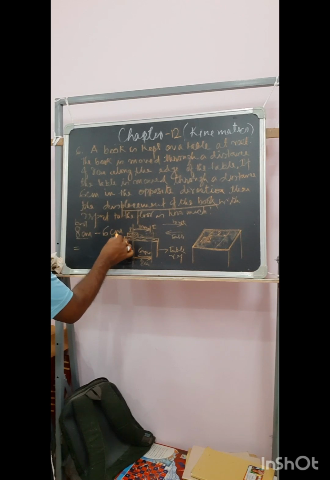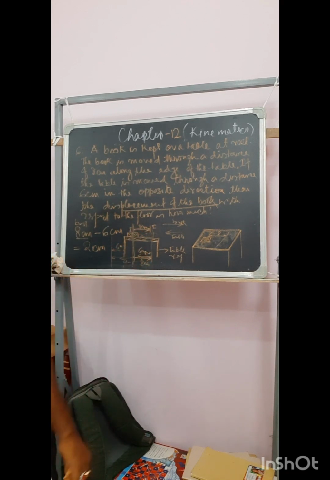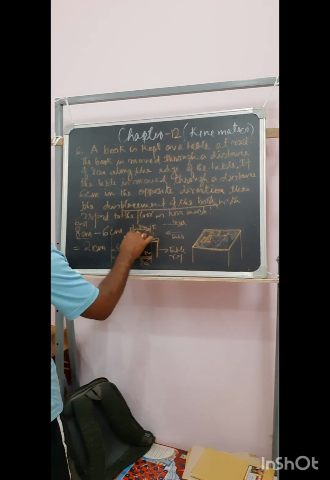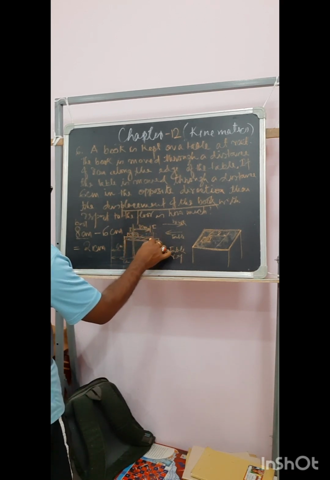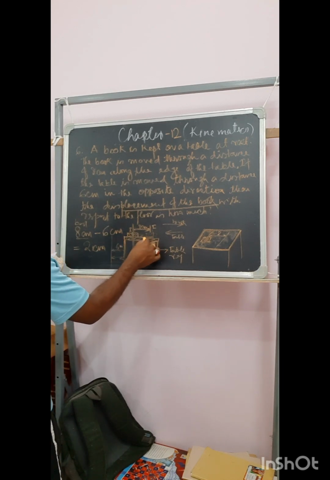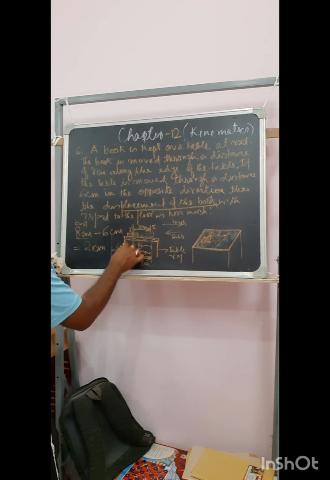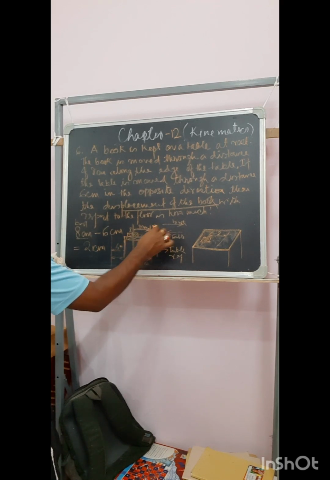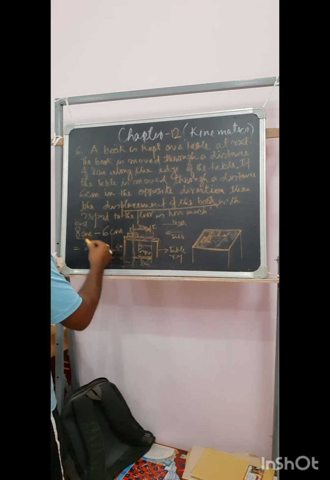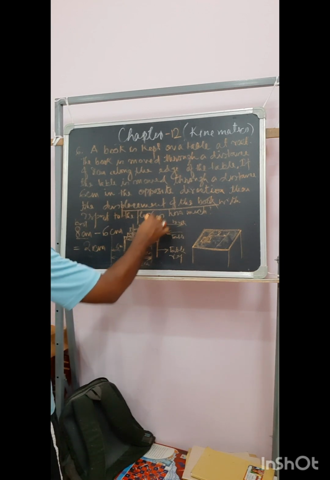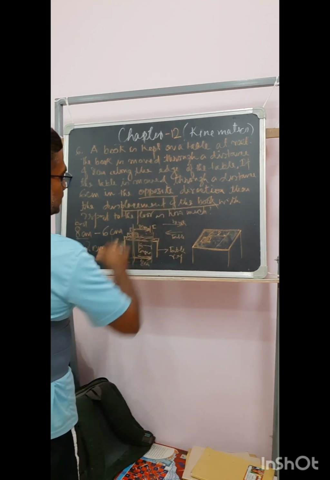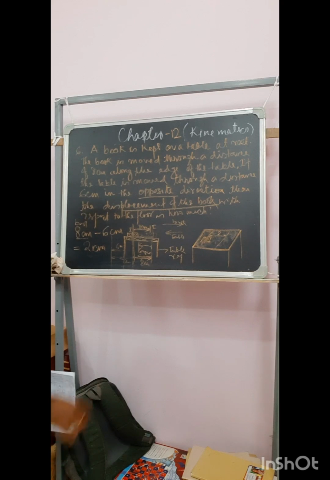The book moved by 8 centimeter, and due to the movement of the table, the book again comes back by 6 centimeter, because everything associated with the table will move back by 6 centimeter in the opposite direction.